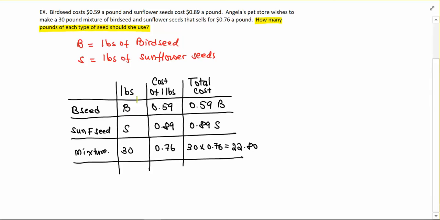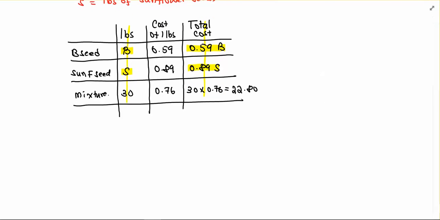The total weights must add up. The total costs must add up, right? After all, the cost of this and the cost of that must add to give you the total cost. The weight of this and the weight of that must add up to give you the total weight. So that's how you get your two equations for your two unknowns. So you're going to say B plus S is equal to 30. That's equation 1.